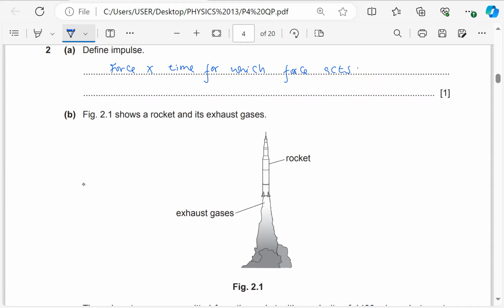So the maximum weight must be balancing with the force exerted on the rocket upwards. So the force upwards should be equal to the weight downwards for maximum mass. If the force upwards exceeds the weight, then the rocket accelerates upwards. So at maximum mass, the weight is equal to the force upwards.